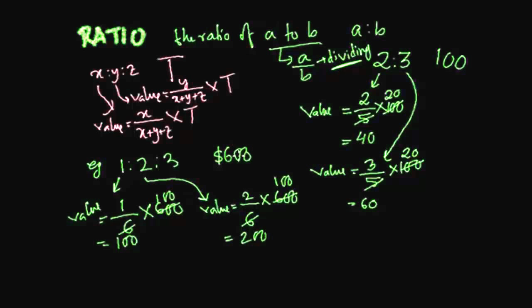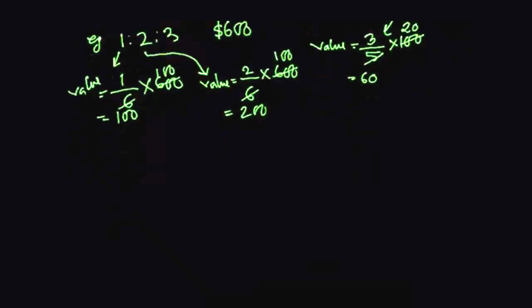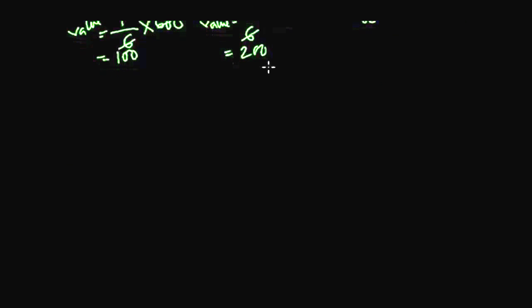Now usually the sums regarding ratio use certain terms like 1/4, 2/5, 3/4, and so on. What does that mean? For example, half means 1:2, which means 1 divided by 2, which also means 0.5.